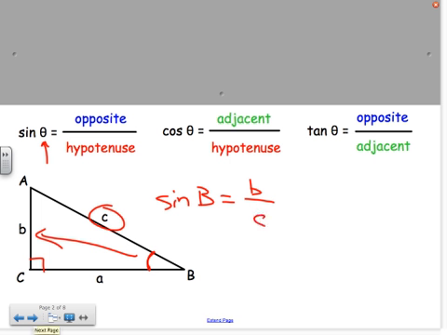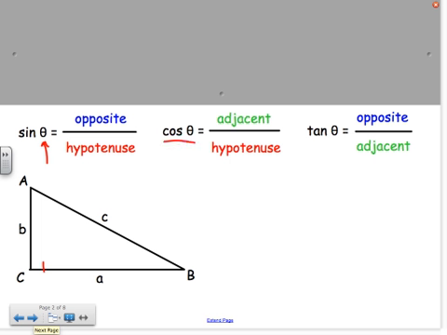So the trig ratio for sine of angle B is the opposite side, which is small case b, and the hypotenuse side, which is small case c. Okay? So sine is opposite over hypotenuse. Cosine of the angle is adjacent over hypotenuse. And finally, tangent of the angle would be opposite over adjacent.